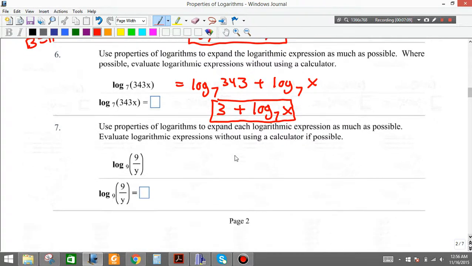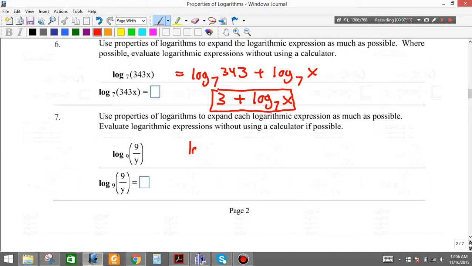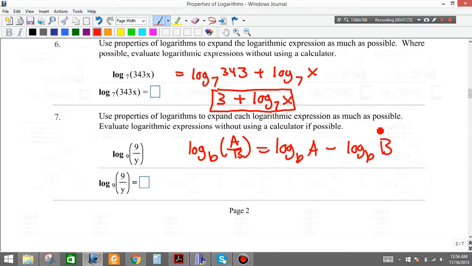Similarly, here we just learned that log base b of a divided by b is equal to log base b of a minus log base b of b. So again, division turns into subtraction. And so log base 9 of 9 over y is equal to, a in this case is 9, capital B is y, little b is also 9.